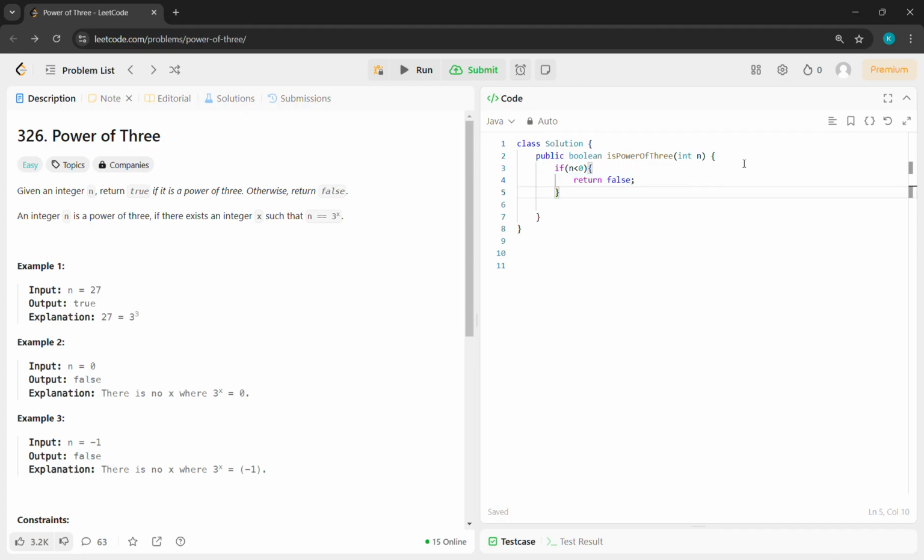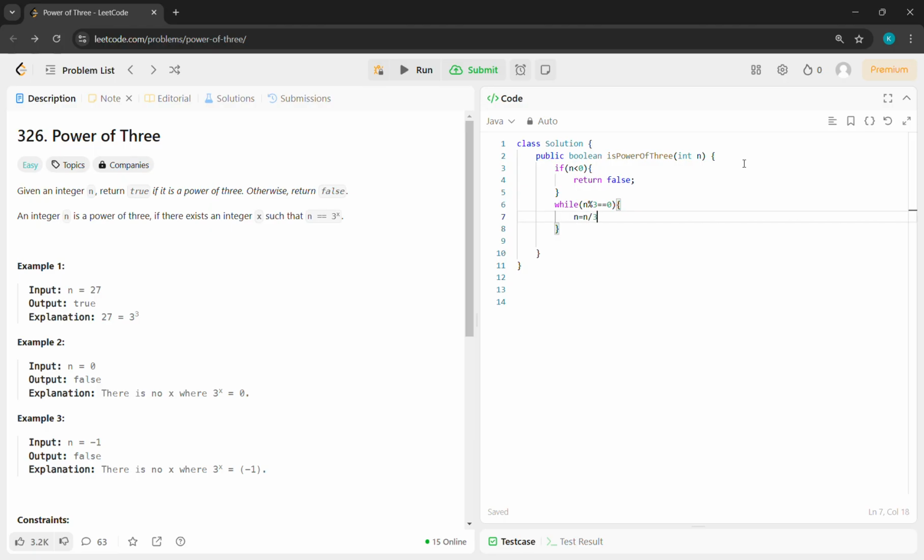If it is not the case, if it is a positive number, then we would be running a loop. It would look something like this. We are going to check if it is divisible by 3. If it is divisible by 3, then we just divide it by 3.